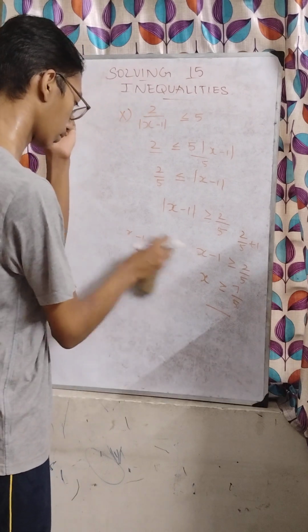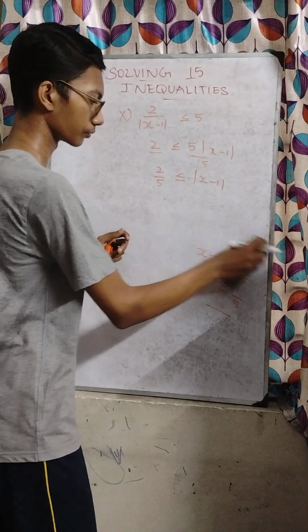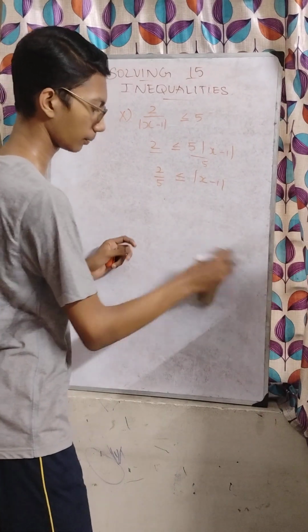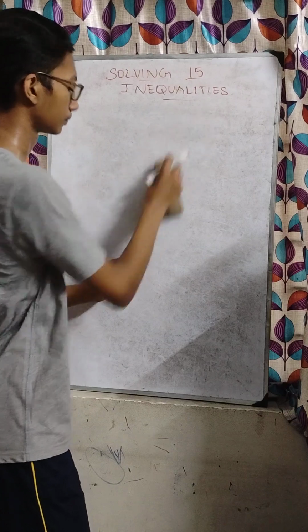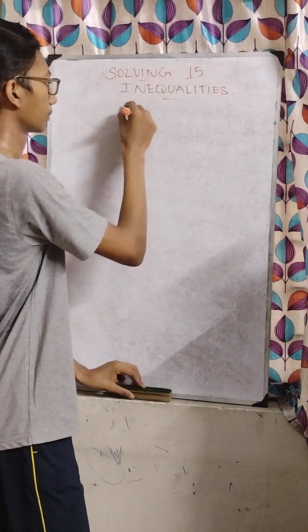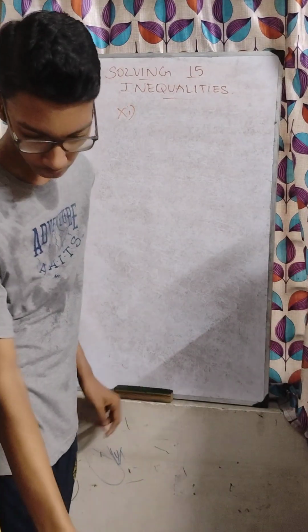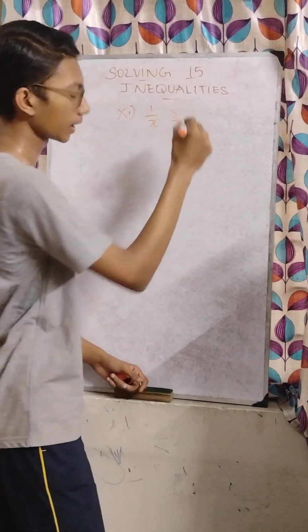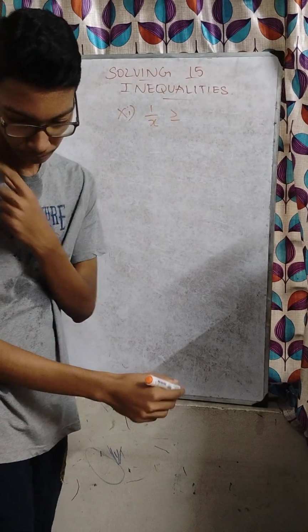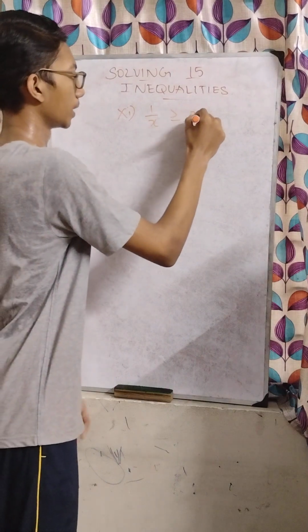So now we have dealt with some modulus problems. Now we'll see some random problems. The 11th question is 1 by x is greater than or equal to 2 by 3.